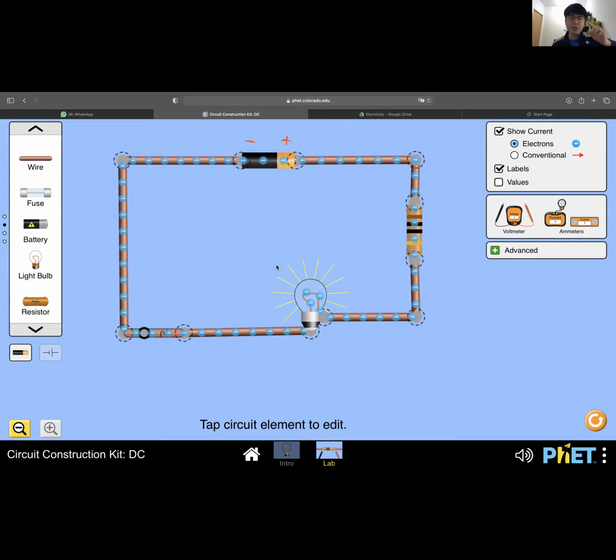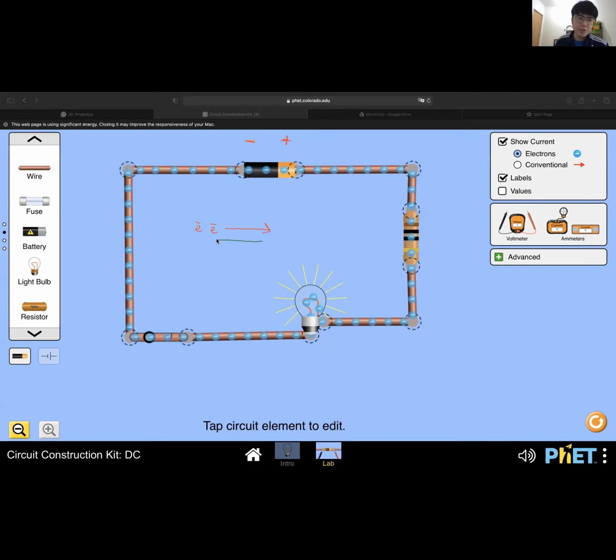They are always opposite. So if you have an electron moving to the right, where is the current moving? Opposite, right? So the current is moving to the left.